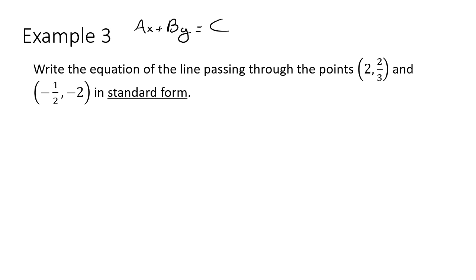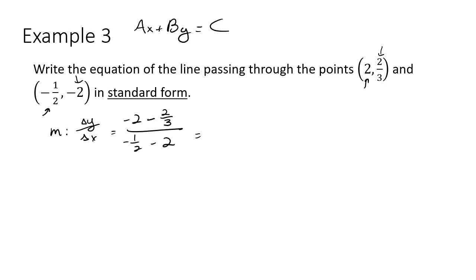So let's start by just building the equation of a line. So if I look for m first, the slope, change in y over change in x, y2 minus y1 over x2 minus x1. Well, we got some fraction math here, so I'm going to get some common denominators.